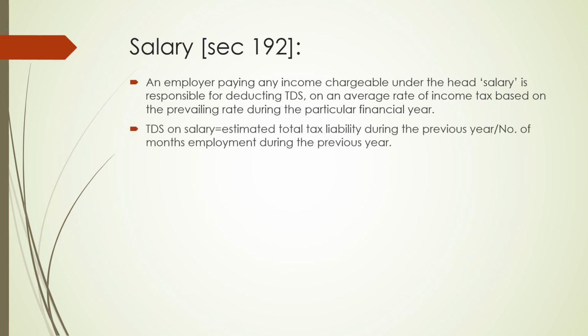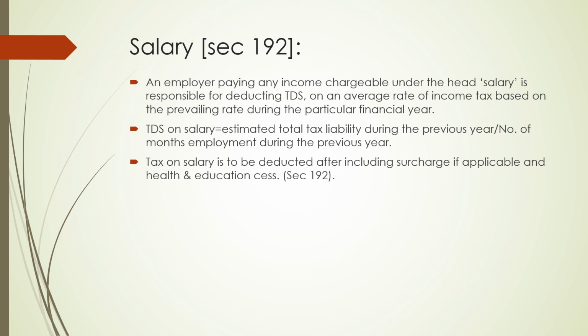TDS on salary is equal to the estimated total tax liability during the previous year divided by the number of months of employment during the previous year. If you substitute the amounts in this, then you will obtain TDS on salary. This is calculated after adding surcharge and health and education cess, if applicable.